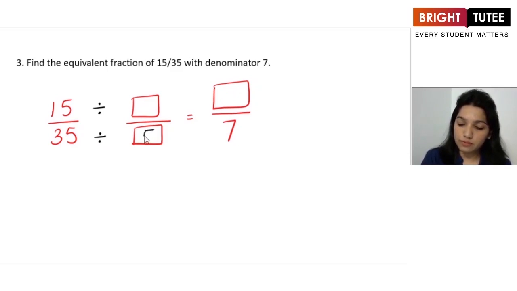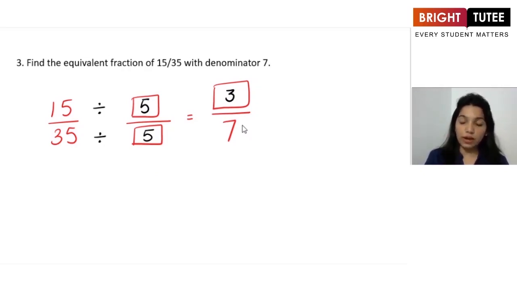Think about the 5 times table. In the 5 times table, 5 times 7 is 35. So 35 divided by 5 is 7. And what we have here as 5 should also be there in the numerator. So it is 5 over here. Now 15 divided by 5, the answer is 3. I hope this is clear how we have worked it out. So 3 over 7 is the equivalent fraction to 15 over 35.